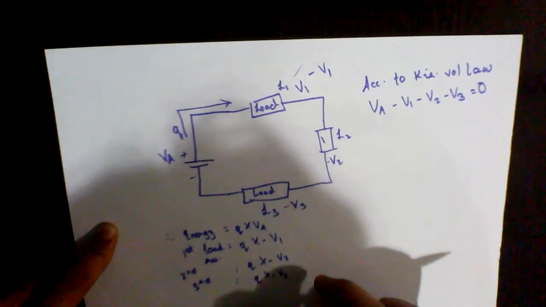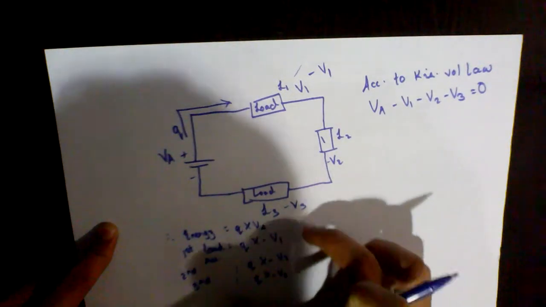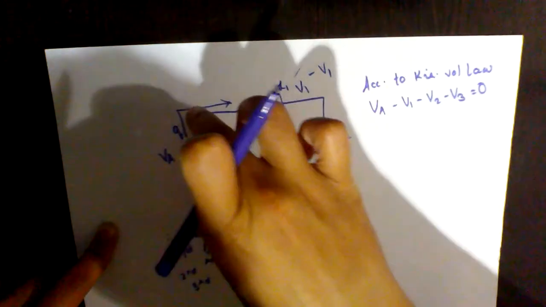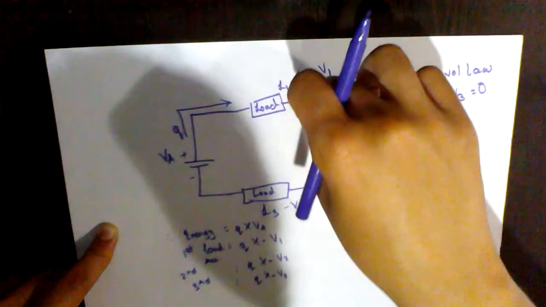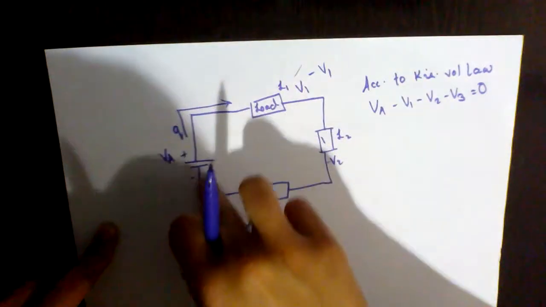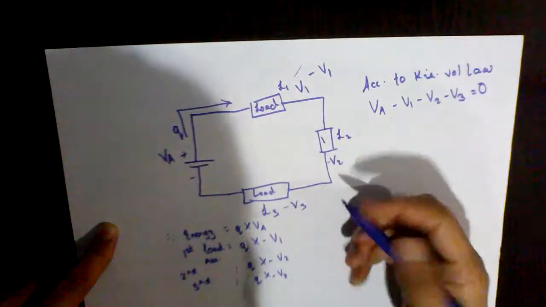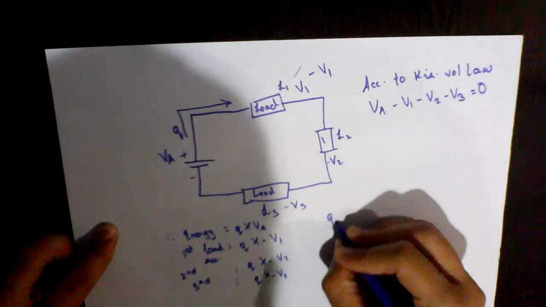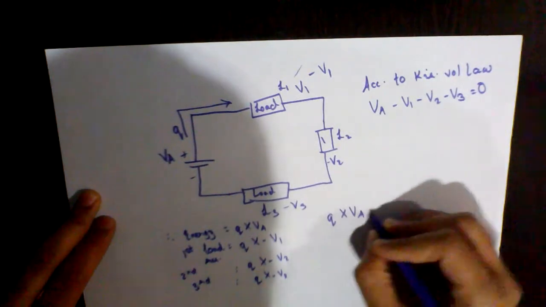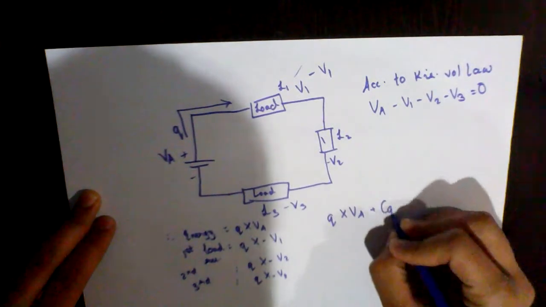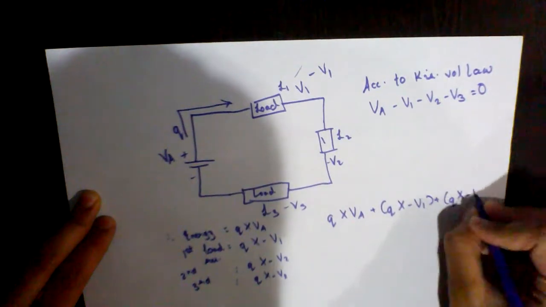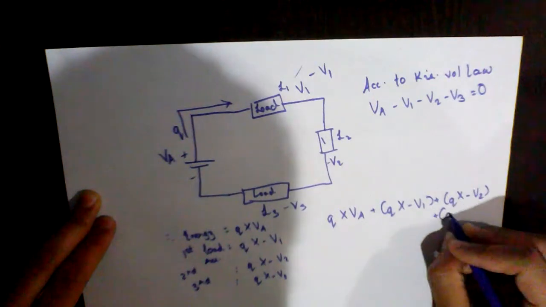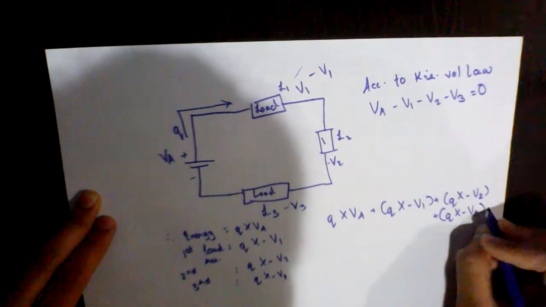Now we add all these up, and as I told you, according to the law of conservation of energy, when the charge finally reaches back to the negative end, it becomes 0. So according to the law, Q into VA plus Q into minus V1 plus Q into minus V2 plus Q into minus V3 is equal to 0.